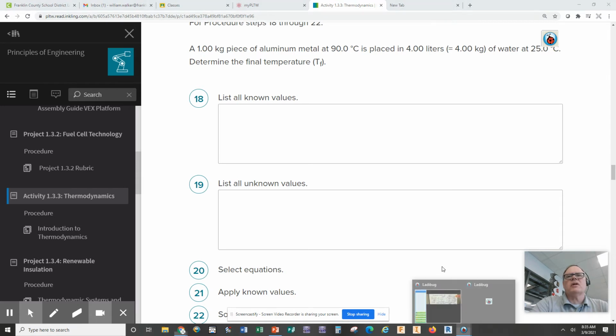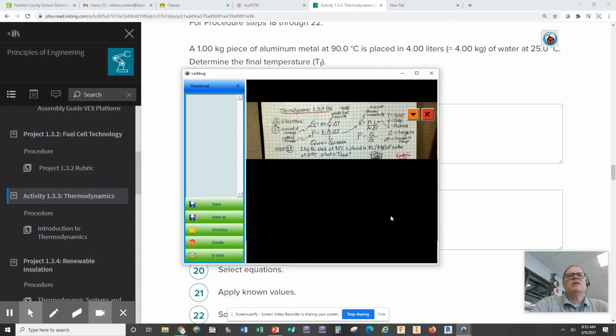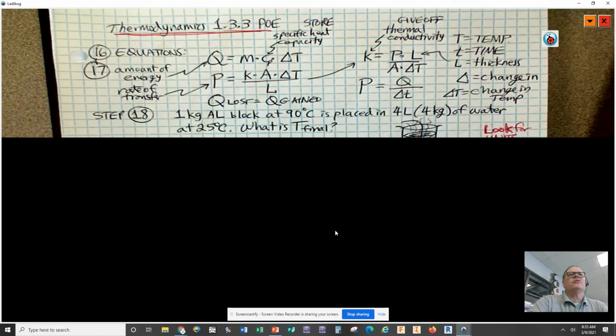So I'm going to show you my little ladybug camera here, and this is the problem that we just read, step 18. A 1 kilogram aluminum block at 90 degrees Celsius, really hot, is placed in 4 kilograms of water. The water is at 25 degrees Celsius.